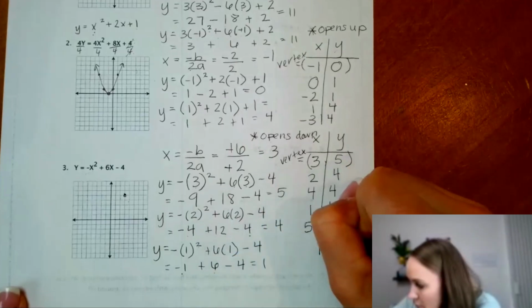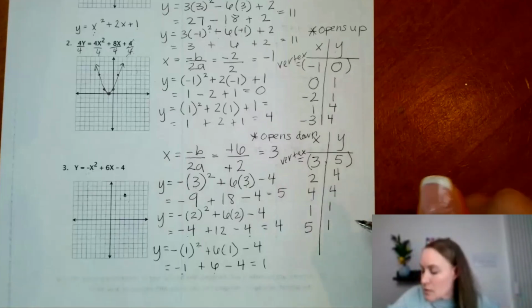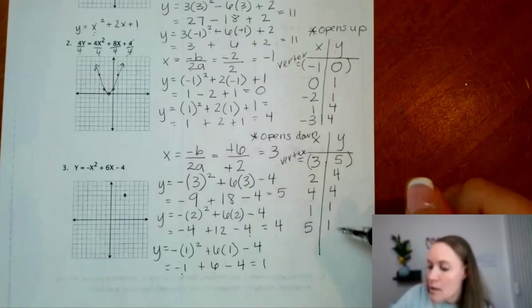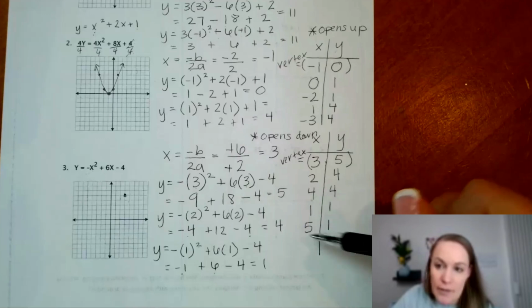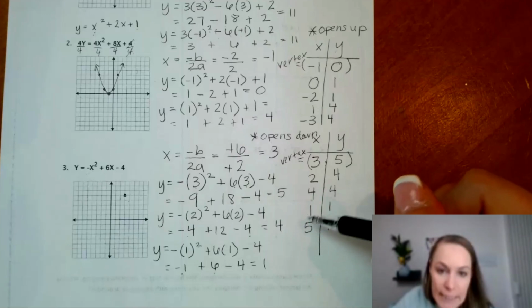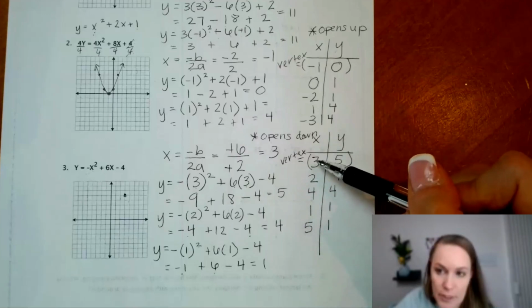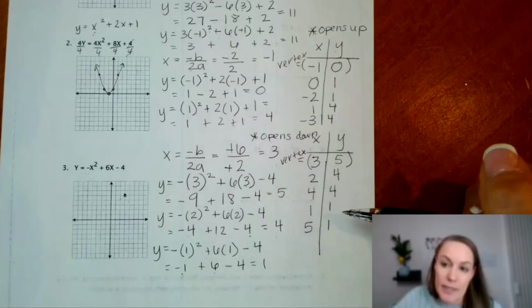And I can get that one for free by putting it on the 5 because it is equidistant from my vertex. So the y values are going to be the same.